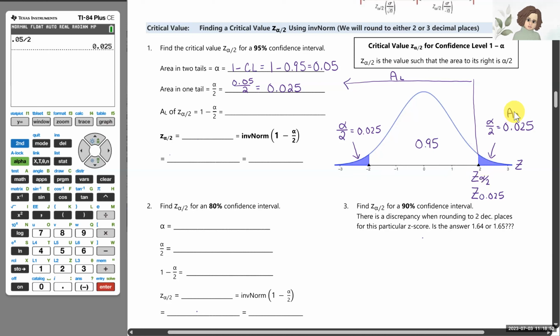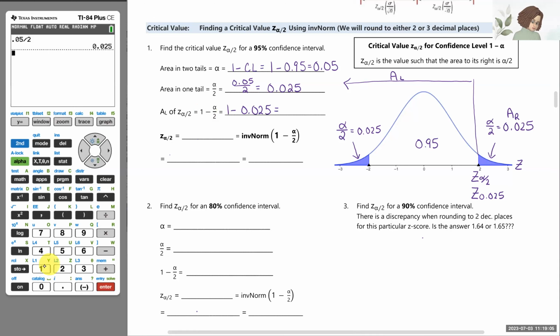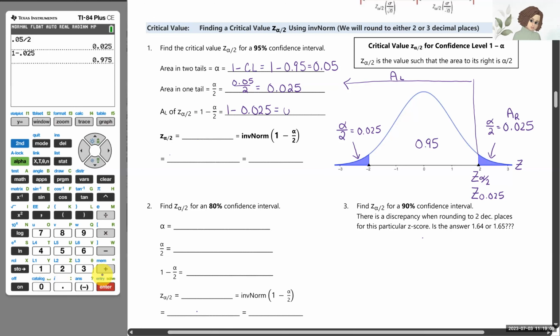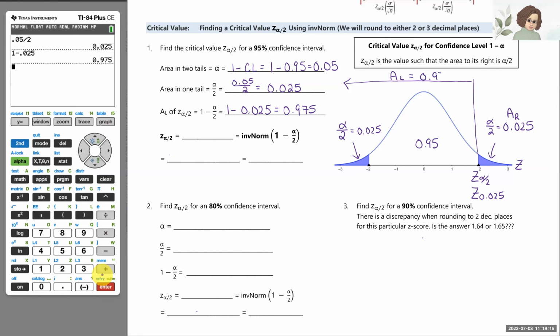If the area to its right is alpha over 2, then the rule of complements says the area to its left is 1 minus that value. So 1 minus 0.025 is 0.975. So on my graph over there, 0.975.